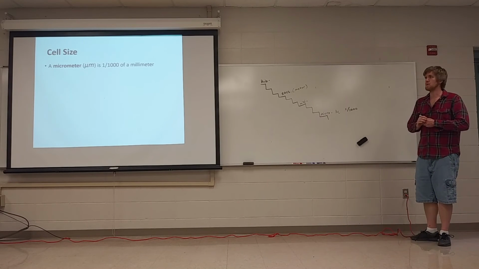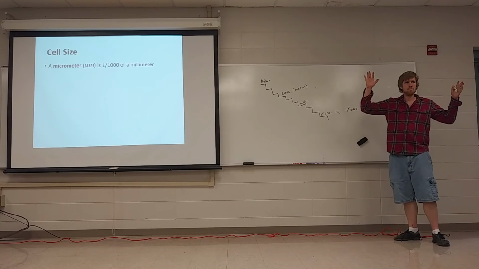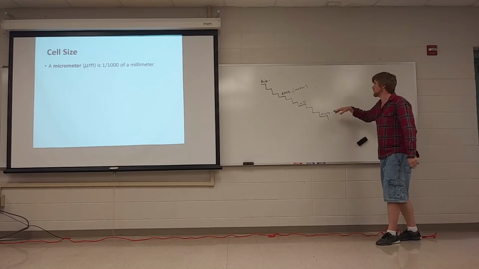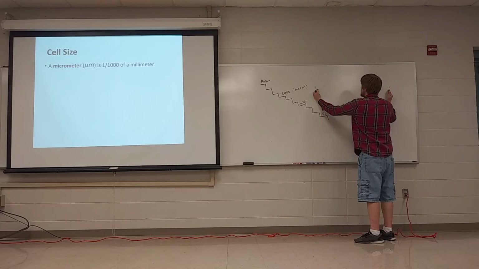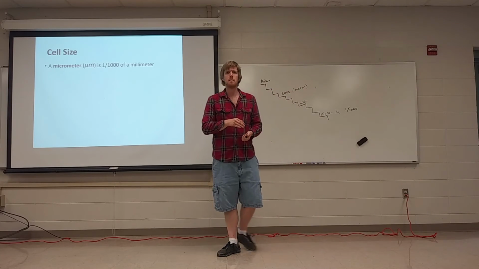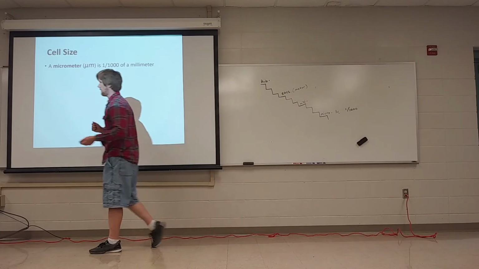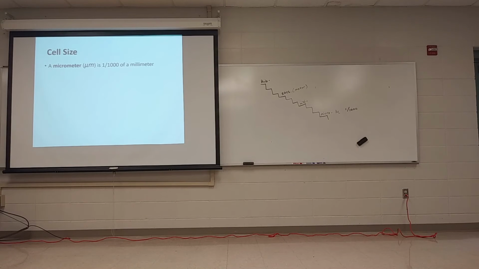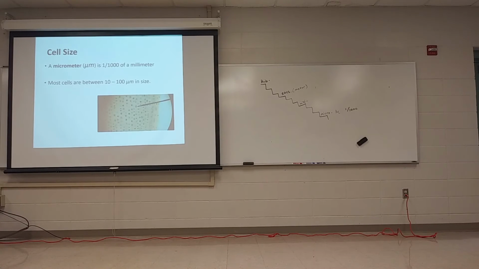In other words, if you blew up in size everything around you so that a millimeter was now this size, a micrometer would then be the size of a millimeter, the size of a little tip of a pin. So we're talking small. And most cells are between 10 to 100 of those little micrometers in size.